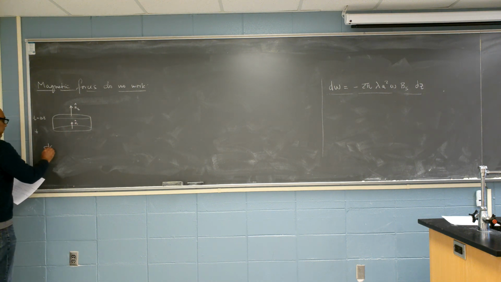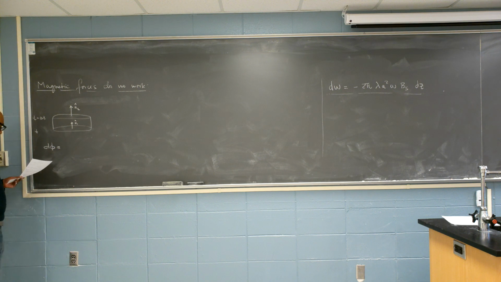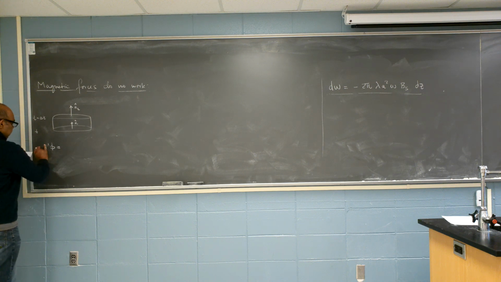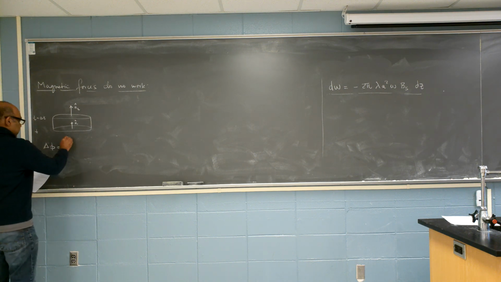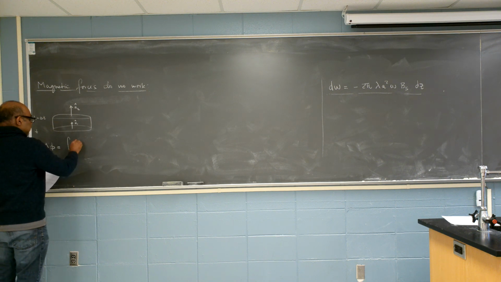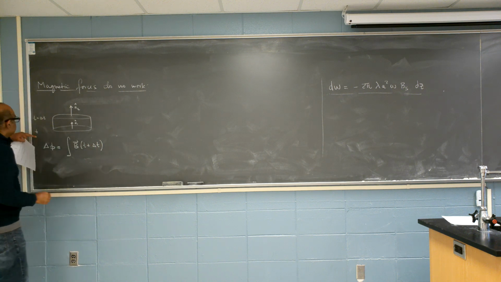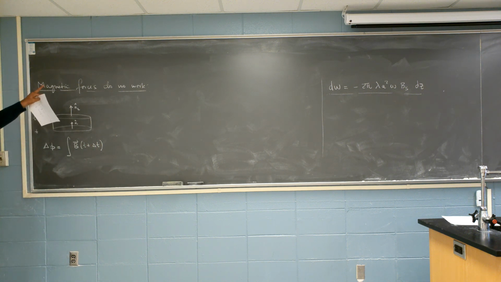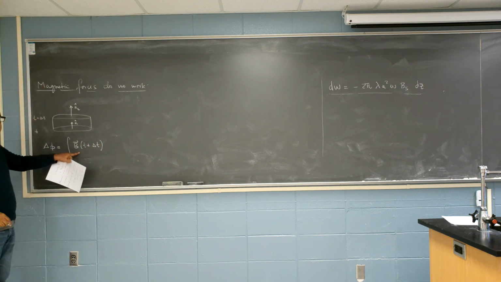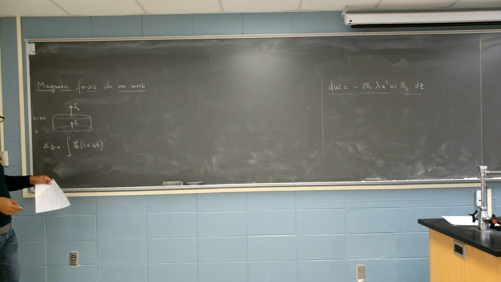The change in flux in the loop, I should do delta because I'm going to integrate, is B at t plus delta t. In our case, B is the magnetic field of the car, produced by the electromagnet. It is not really time dependent, but I'm just going to leave it there for a while.